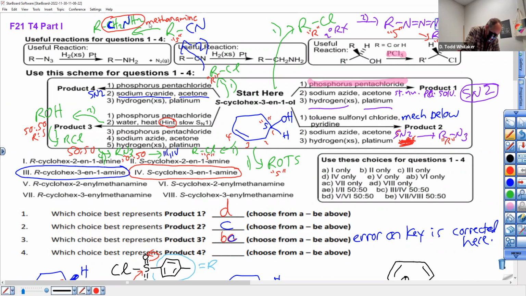And the S stereocenter stays S because hydrogen does not change the stereocenters, people, ever. There you go. So S stays the same. So we have methanamine with the right R group on it. How many methanamine choices are there? There's 4.